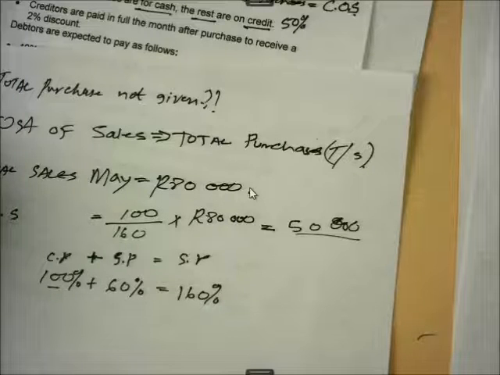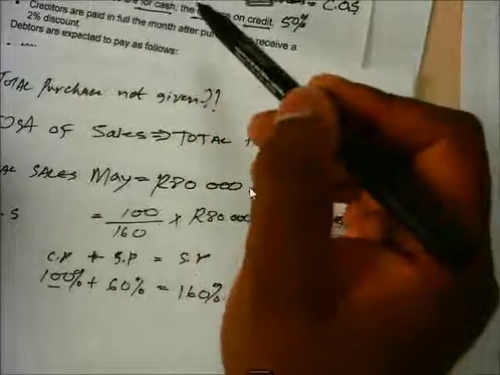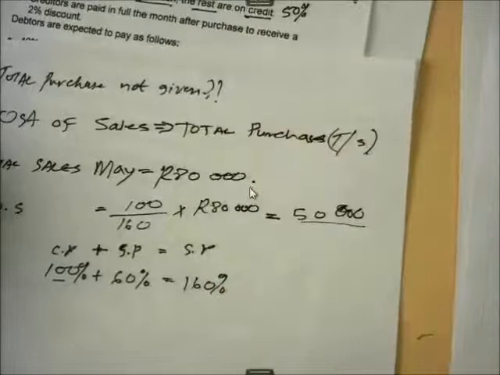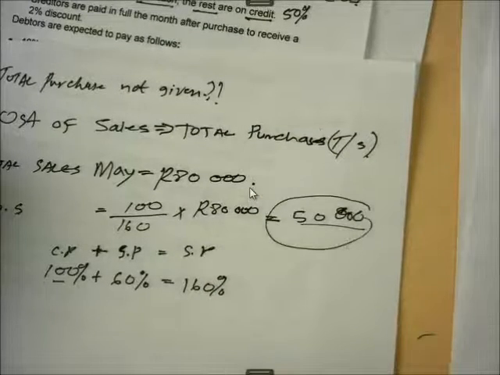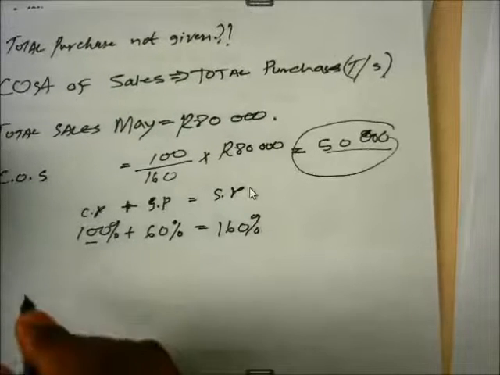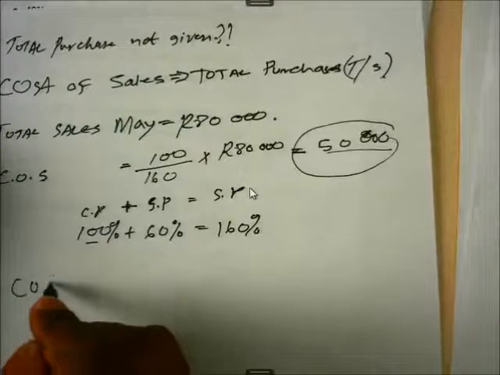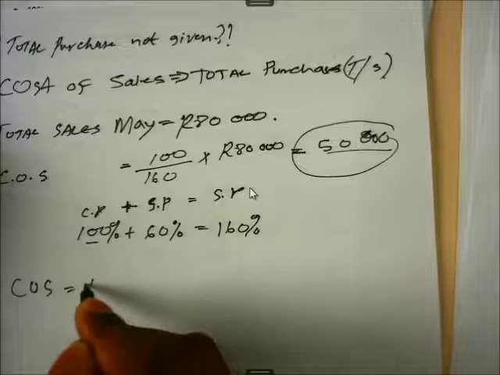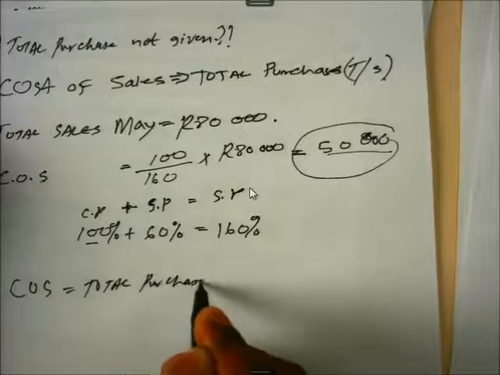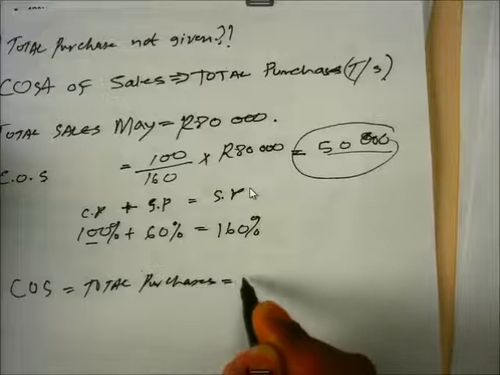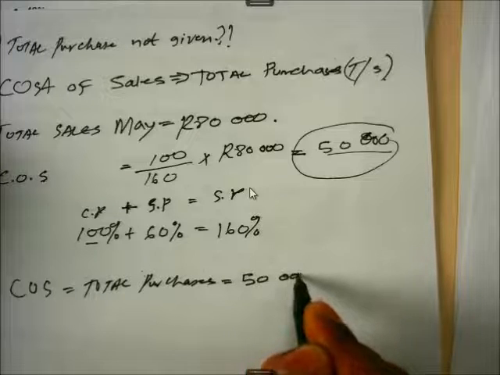And then we are told here that 50% of all purchases are for cash. This 50,000, remember we said cost of sales is equal to total purchases. Therefore, our total purchases is 50,000.